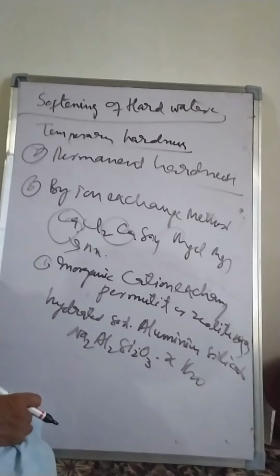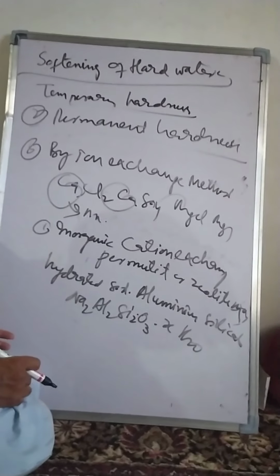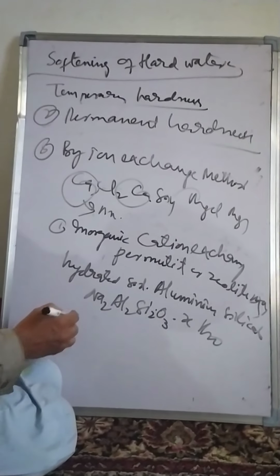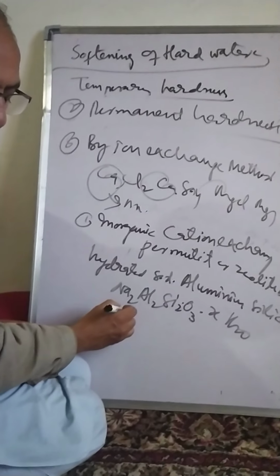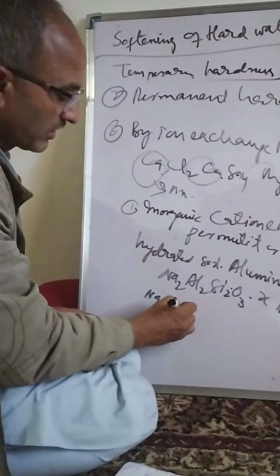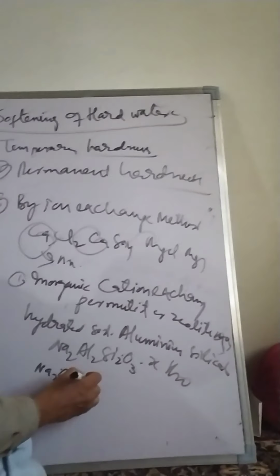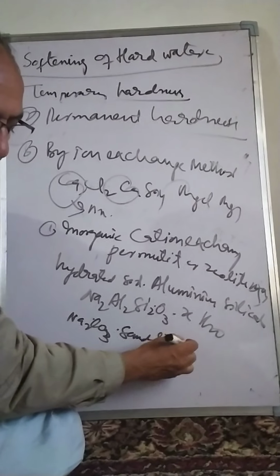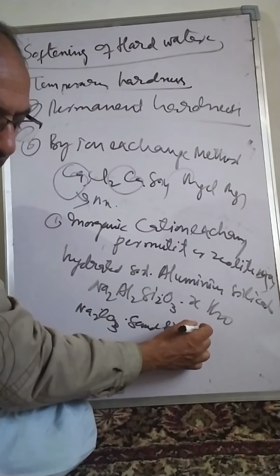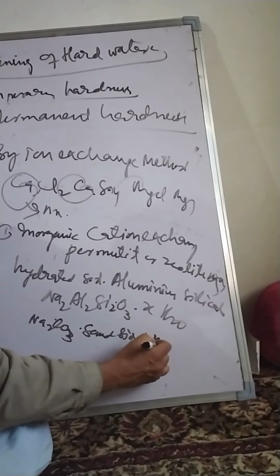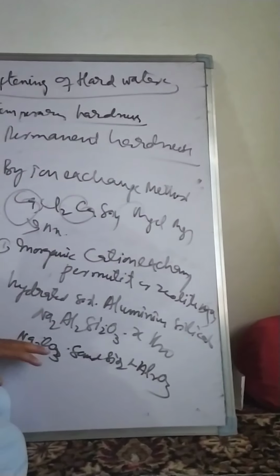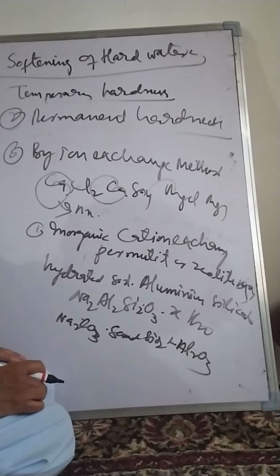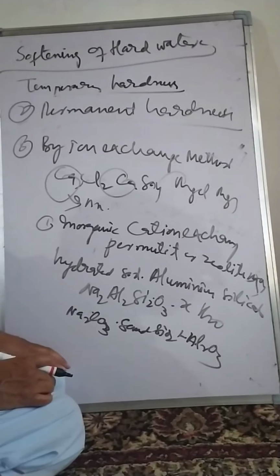This is present naturally also, and it can be prepared artificially by fusing soda ash, which is sodium carbonate, with sand, which is silicon dioxide, and alumina, Al2O3. We mix these and heat them, and we get this hydrated sodium aluminum silicate.